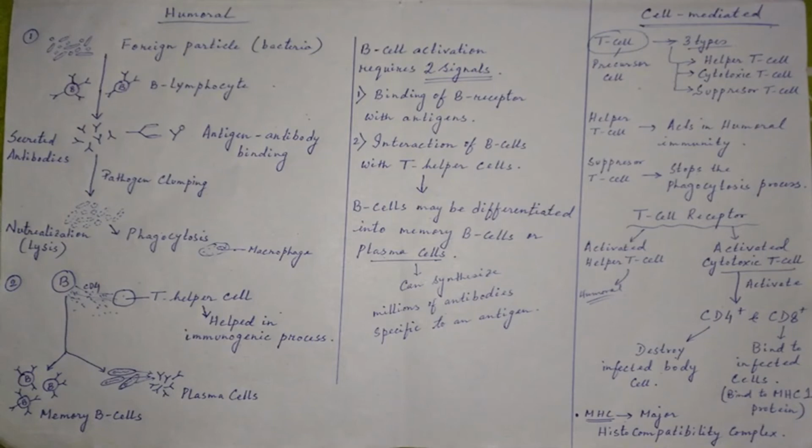So these B cells also act as memory B cells. Now these B cells can recognize the foreign particles. They gain the memory. That means these memory B cells can identify the particular pathogen or foreign particle and neutralize it.